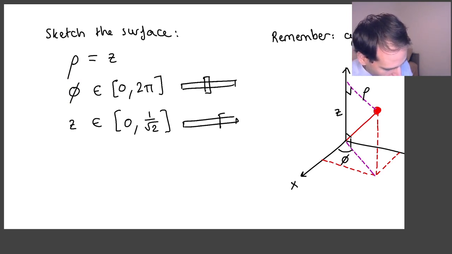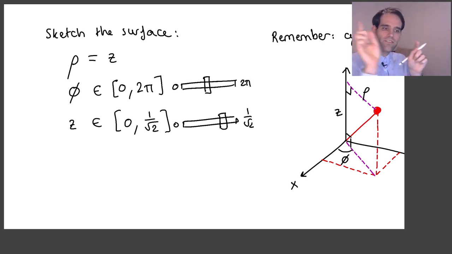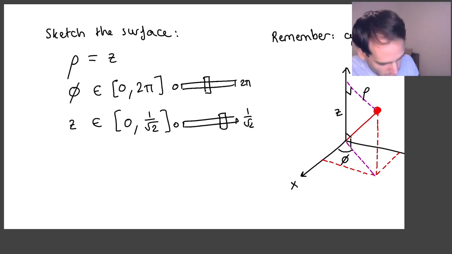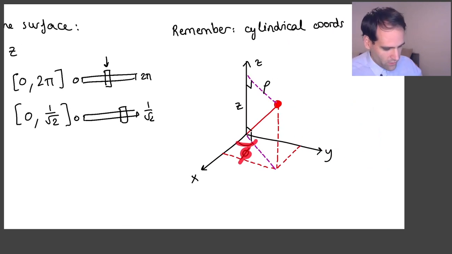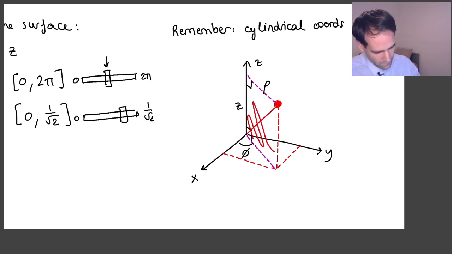We can select any value between the limits, and by moving those two sliders simultaneously, we will cover all of the points on this surface. Let's say phi is fixed to this value here. So now consider this tilted plane here.